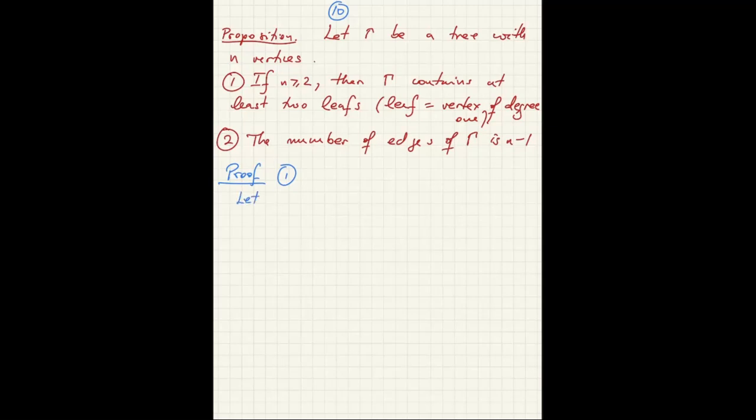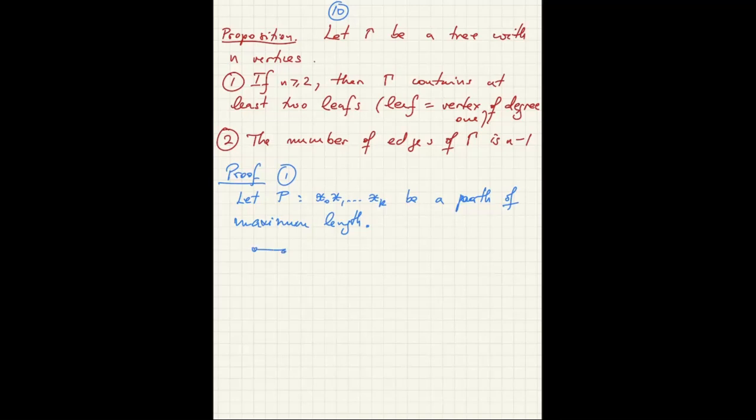Consider a path P, x0, x1, and so on up to xk. You can take it of maximum length. If you want more generality, you can take it to be maximal, which means it cannot be extended by any other vertex. I'll give you an example in a second. So it'll be a path of maximum length.